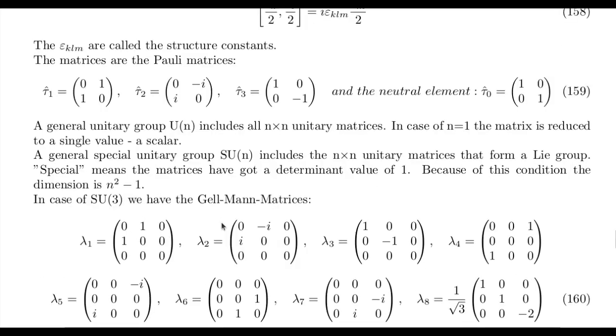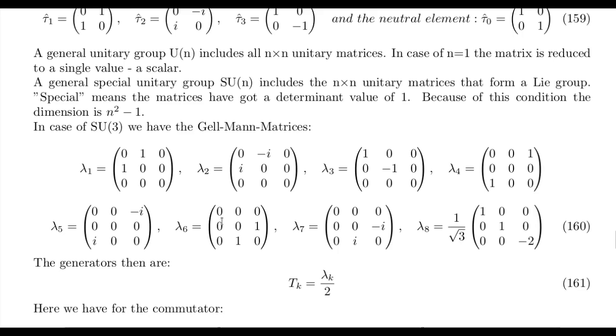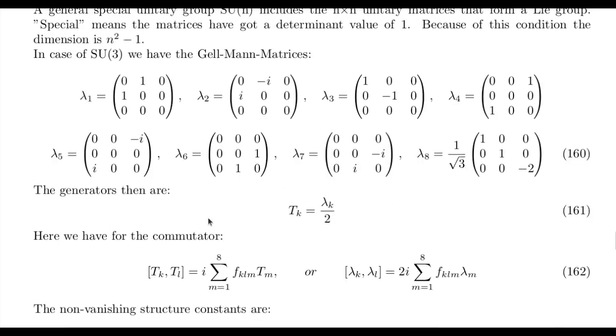So in the case of SU3, we have a dimension of 8, and here we have the 8 Gell-Mann matrices. They are usually denoted by a small Greek lambda. And here we have the generators T, and they are defined by the Gell-Mann matrices divided by 2.